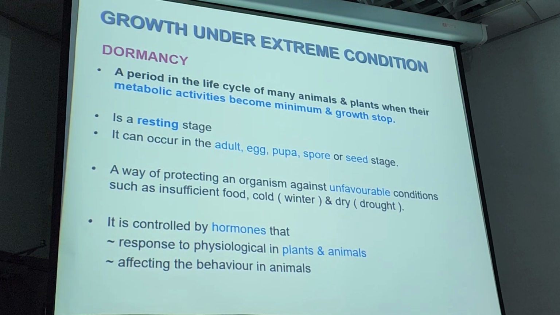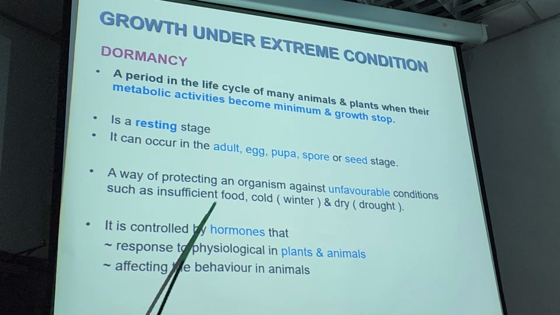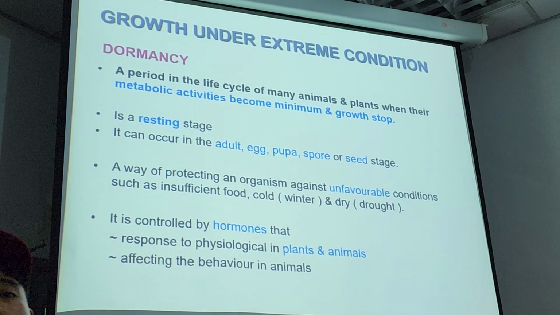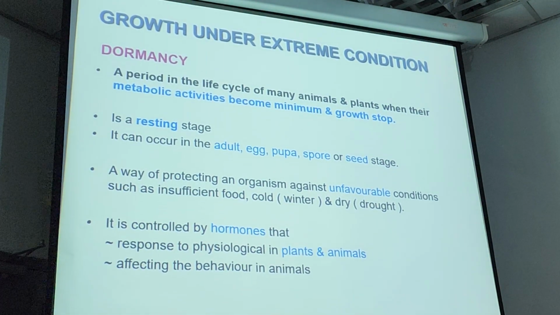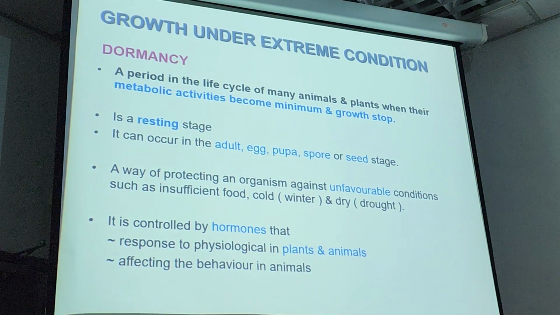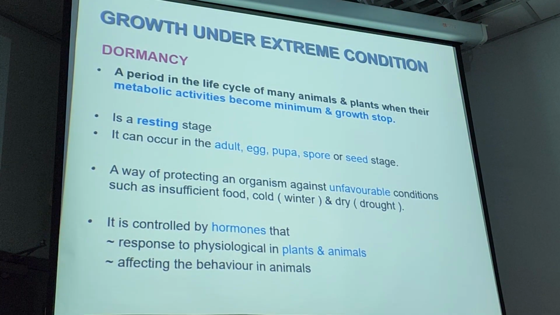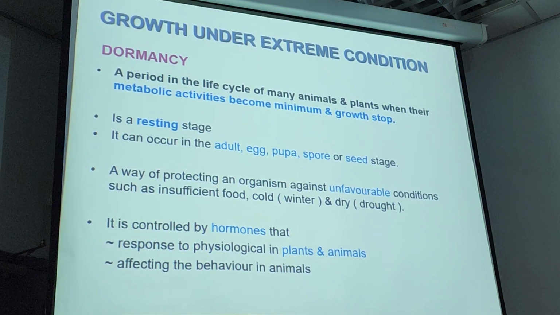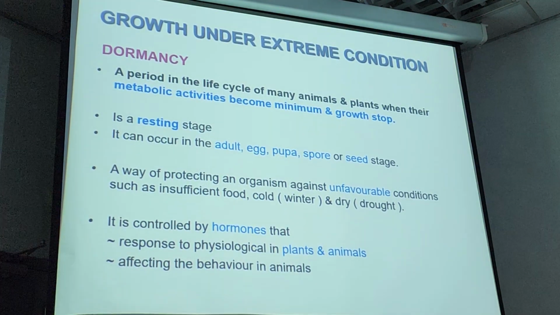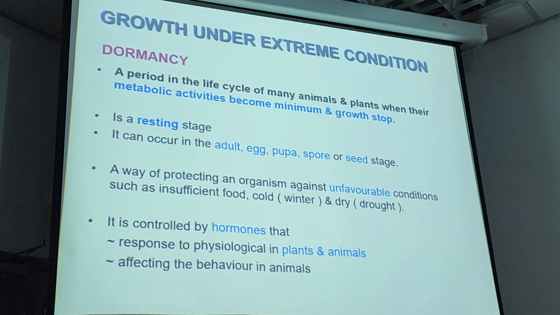Dry, cold, winter, insufficient food, and so on. Because if the seed suddenly germinates when the condition is not favorable, it's just going to die. Either it's too cold, or too hot, or even too windy. It's just not favorable for the seedlings to thrive in. So that's why seeds need to be dormant.